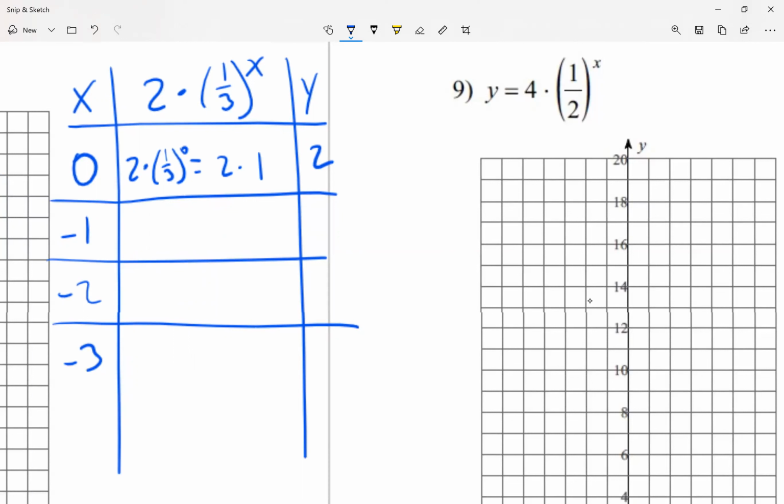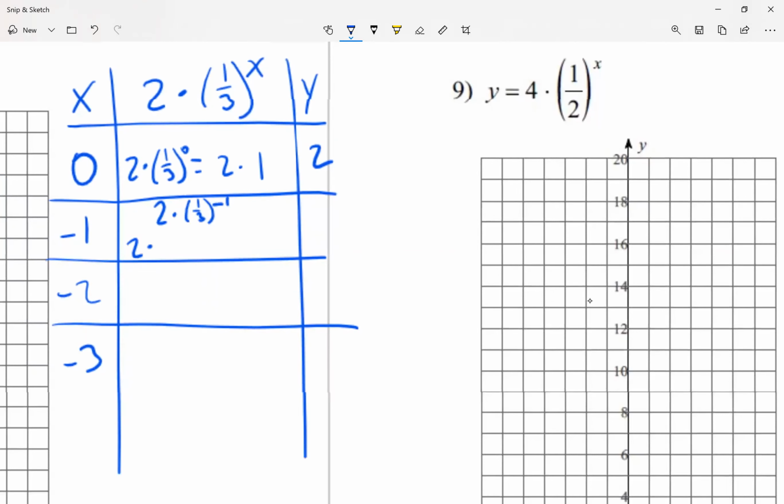When x equals -1, I could begin by writing 2 times (1/3) to the -1, or I could just start as 2 times 3 to the 1. Notice my negative exponent flipped the fraction. Now 2 times 3 to the 1, isn't that 2 times 3, better known as 6?